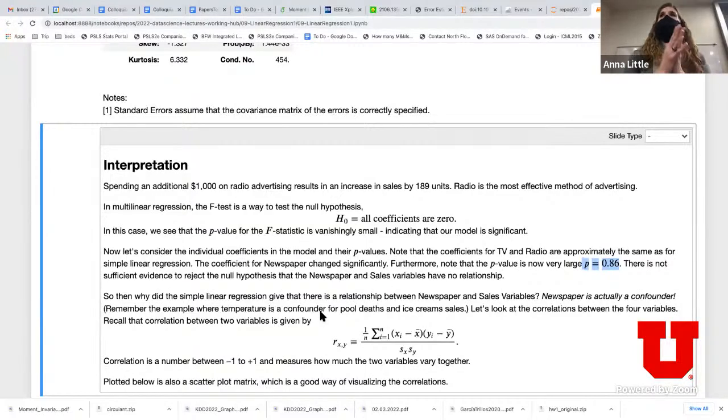Okay, so why do you think this happened? Why do you think when we ran it one-on-one, we got a significant result, but then when we ran it with all three, it becomes insignificant?